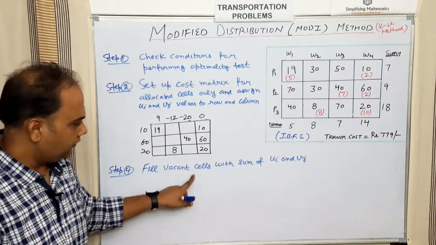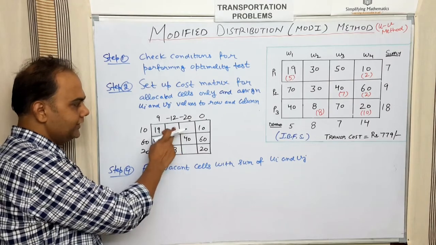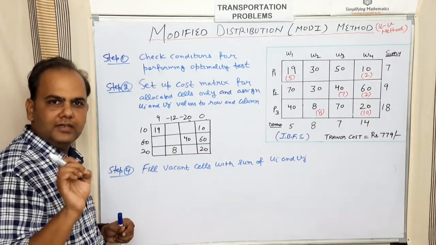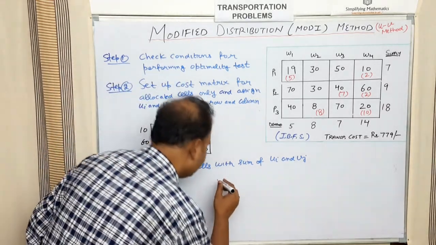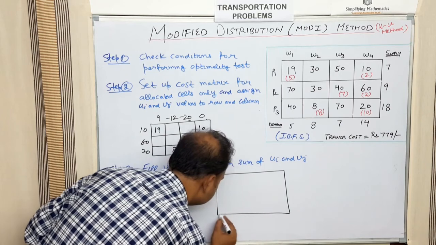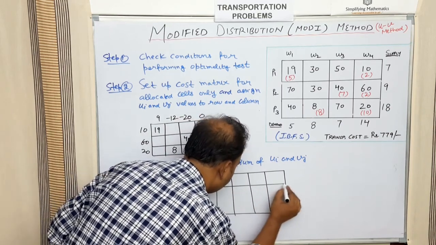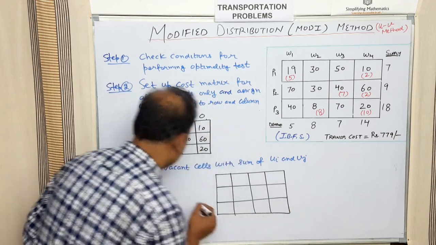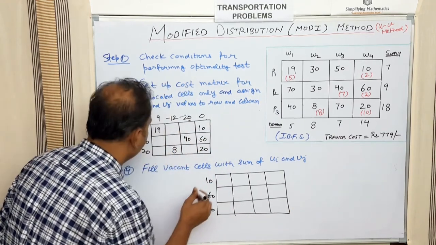Now the next step is to fill the vacant cells with the sum of ui and vj. So these vacant cells we have to fill with the sum of these ui values and vj values. So how? So draw the matrix of 3 by 4. So write down the values. This is 10, 60, 20.